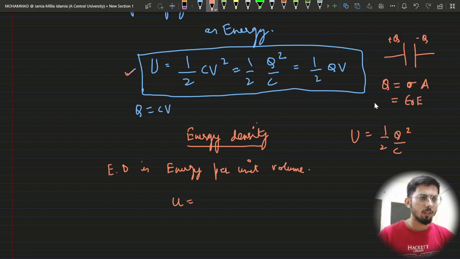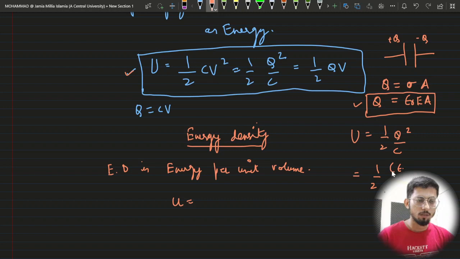I think we obtained that expression earlier: sigma is epsilon naught E, into A, so Q is this. You can also remember this if you get a question. Now if you replace this Q with epsilon naught EA in the expression for this energy, capital U, we get epsilon naught EA whole square divided by C. And what is C?